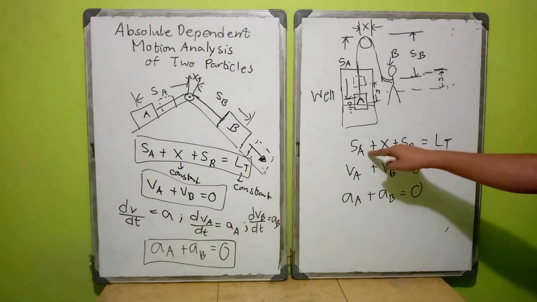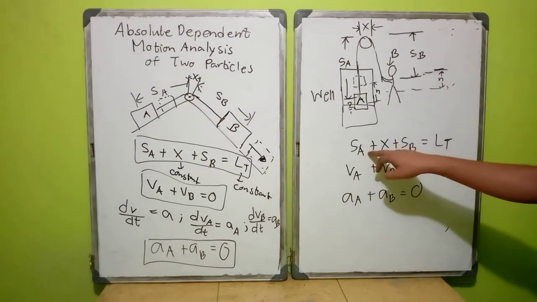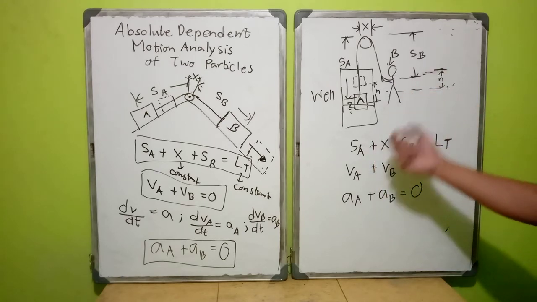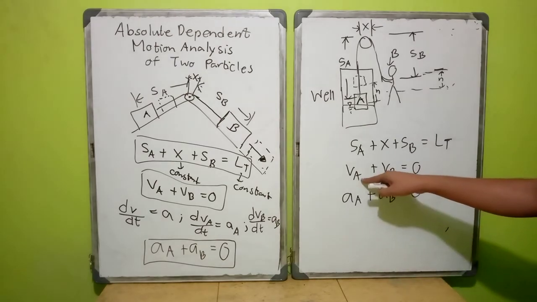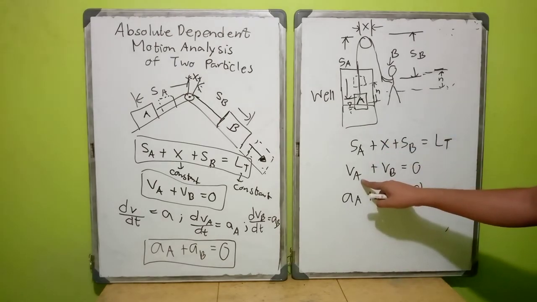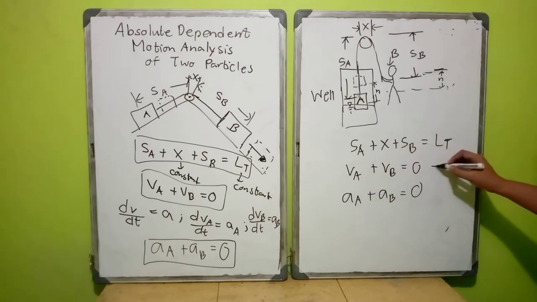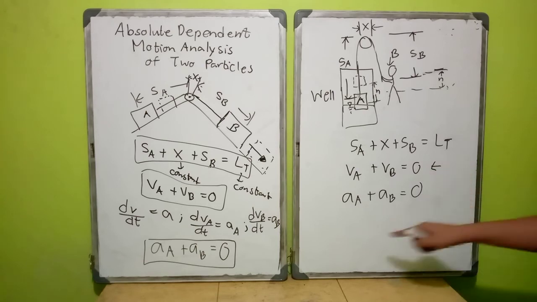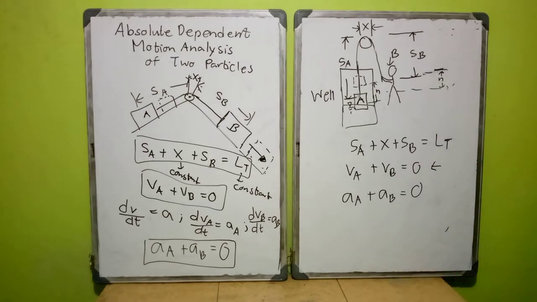I get this VA plus VB when I differentiate this mathematical expression relative to time. And if you differentiate your velocity again with respect to time, I get another mathematical expression.